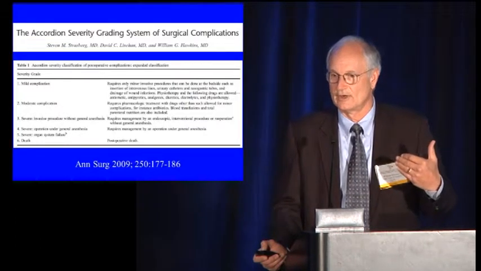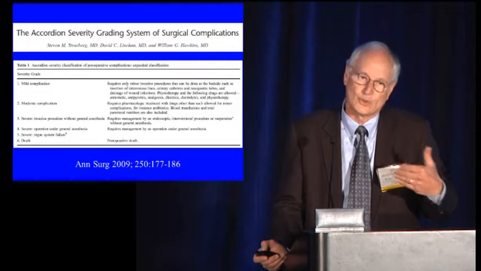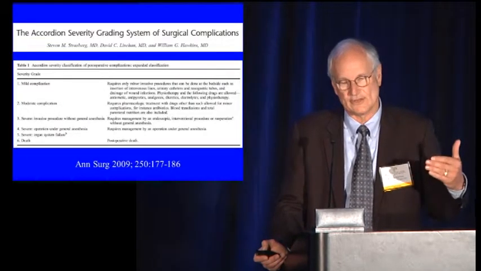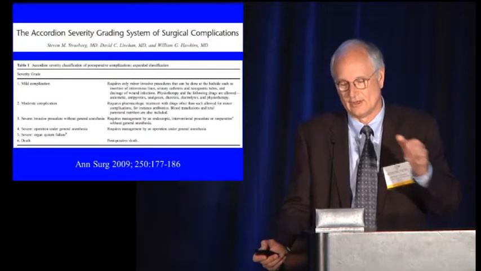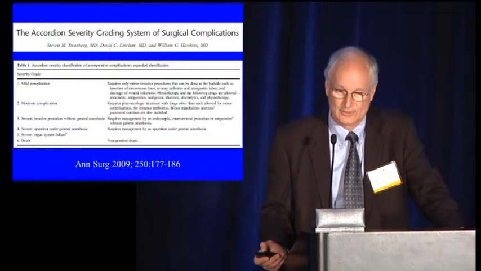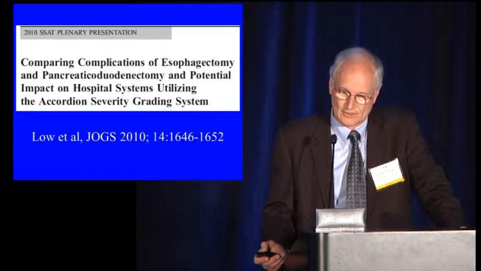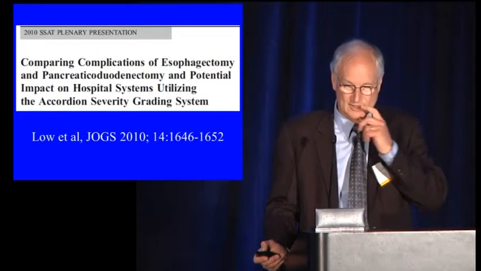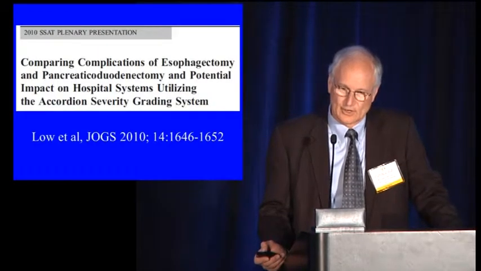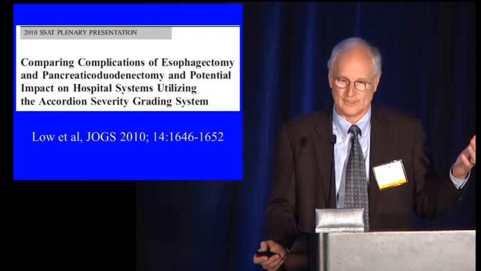We can compare coronary artery bypass to total hip replacement and its impact on the hospital by knowing the profile of the incidence of these various complications from mild to death. Lowe and his colleagues published and presented at the SSAT plenary session comparing complications of esophagectomy and pancreatic duodenectomy, and indeed you can compare these very nicely.